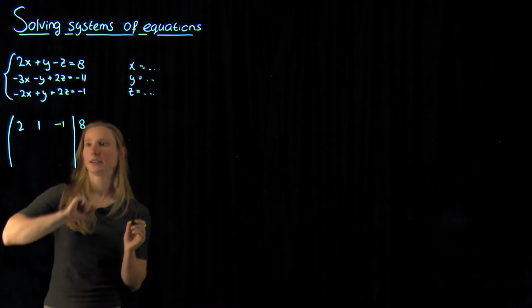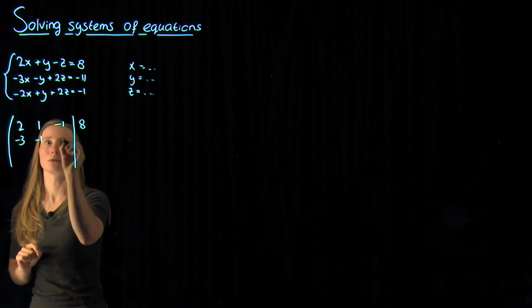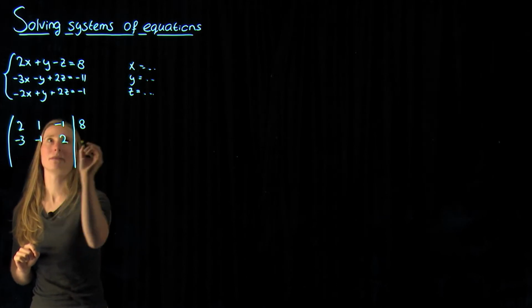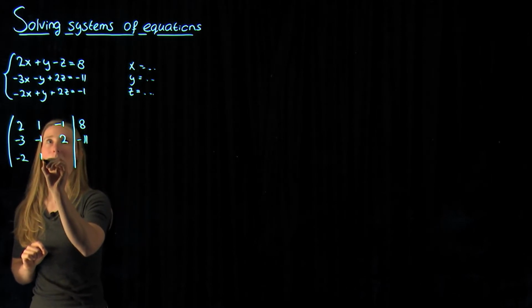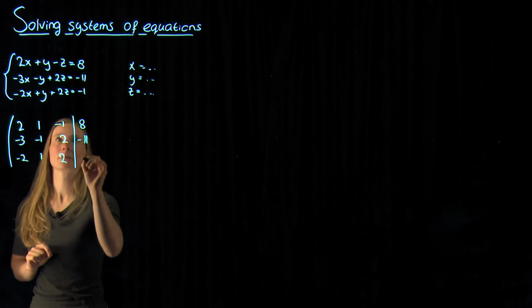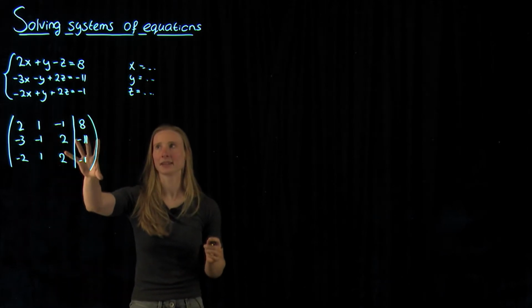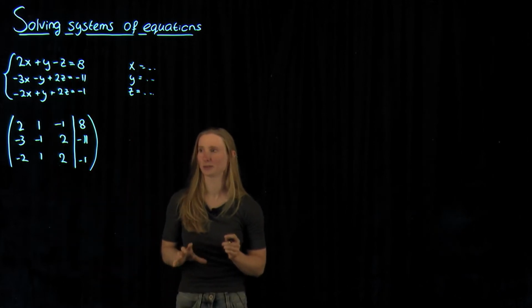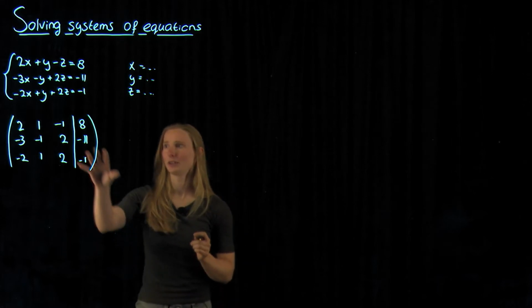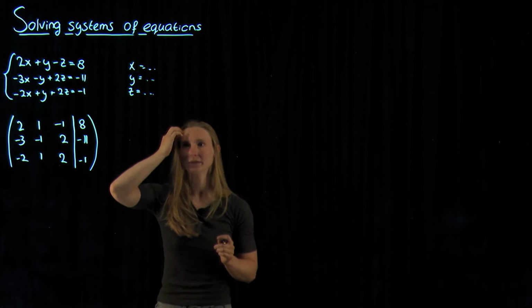In the second row we have minus 3, minus 1, 2, and minus 11, and then minus 2, 1, 2, minus 1. So this matrix contains exactly the information that is in this system of equations. We'll now calculate using this matrix instead of these equations.